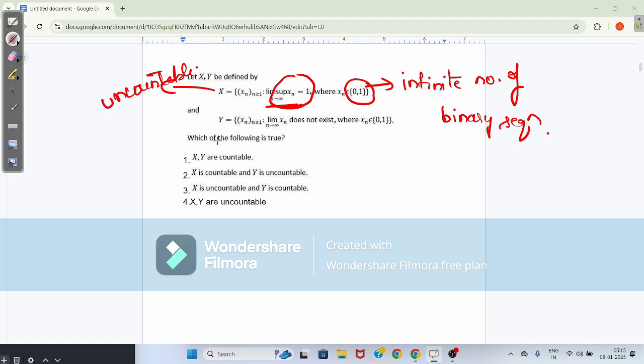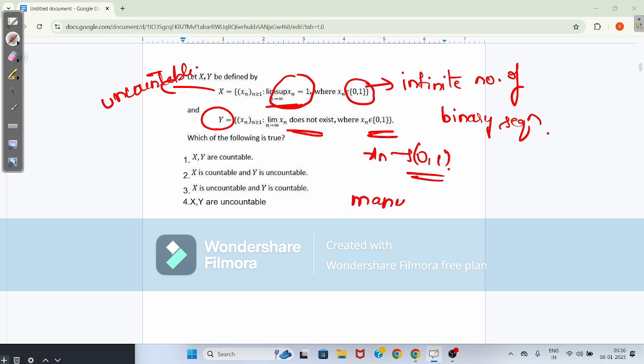Now when this limit does not exist, it means this value of xn oscillates between 0 and 1 many times.